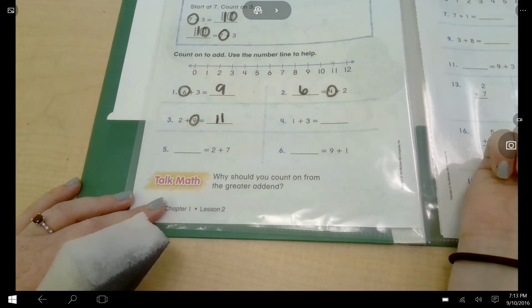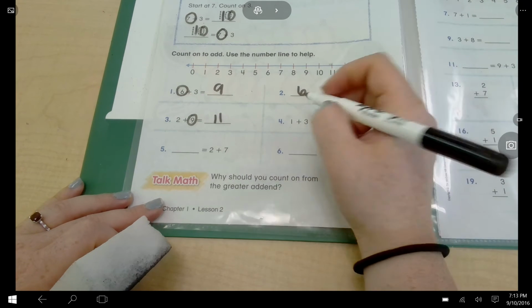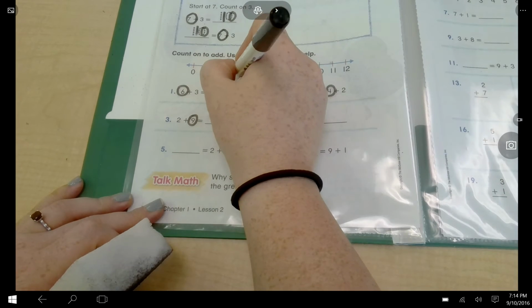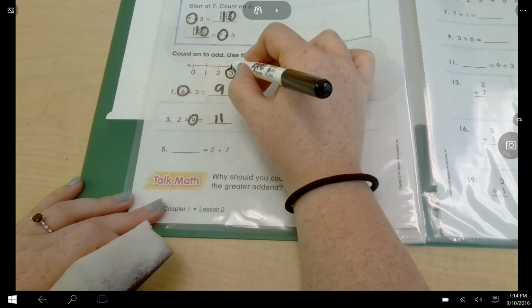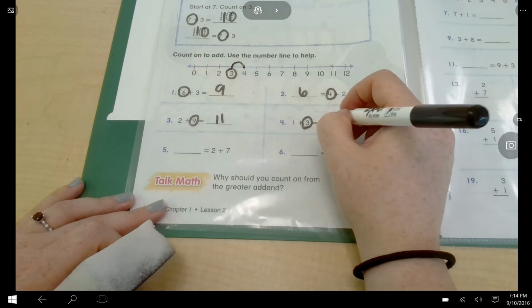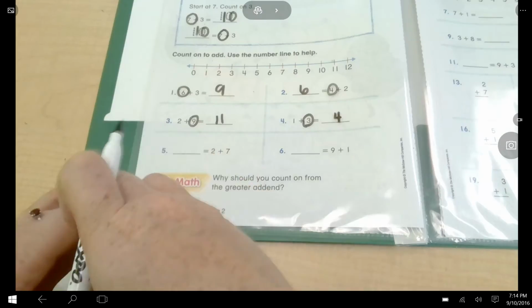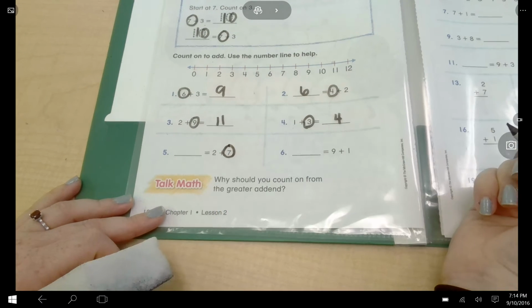On number 4, my addends are 1 and 3. I'm going to circle the bigger addend, go up to the number line and circle that number, and I'm going to count on 1. My sum is 4. Circle the bigger addend, 7.